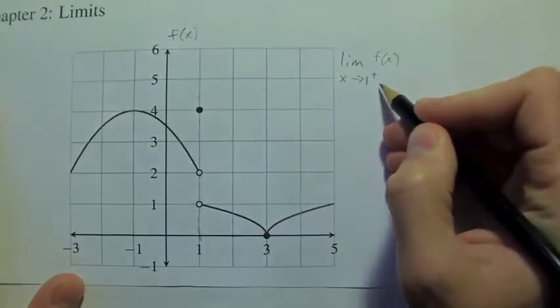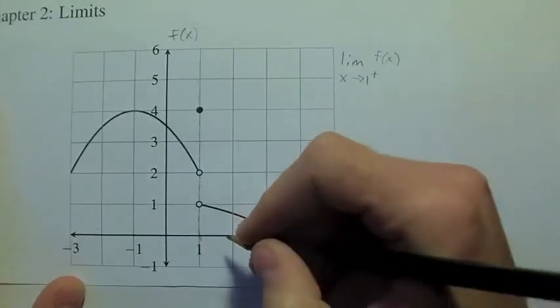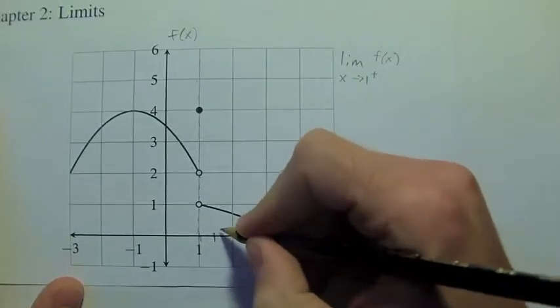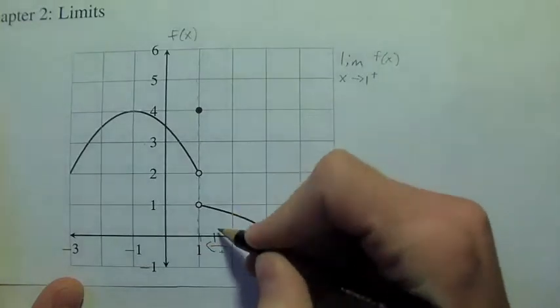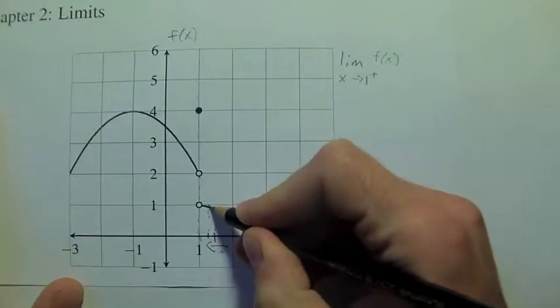And this plus sign means I'm coming from the positive side, from the right. So again, I usually start about halfway, coming in this direction from the plus side, and I start mapping up to where the function is.